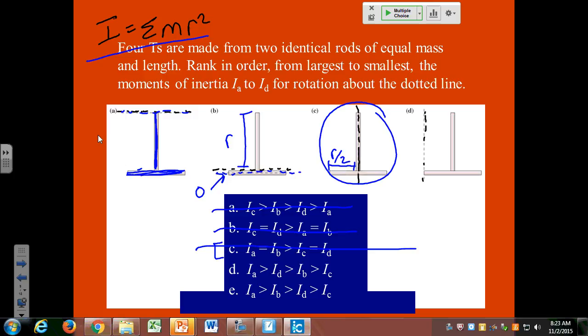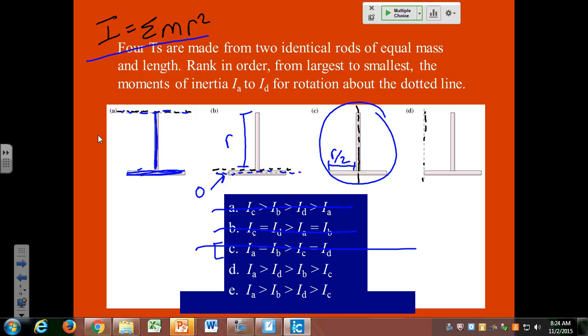It has the most mass at biggest radii. This one has the smallest moment of inertia. It has the least mass at smallest radii. And then these two come up. This one is basically identical to this one, except for this bar that's jutting out. So this one has a bigger moment of inertia than B, which gives us D is the right answer.